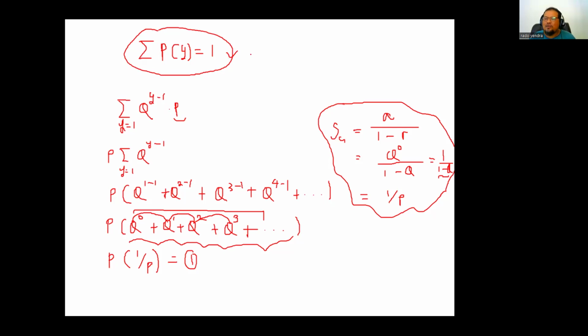This theory guarantees that our formula for the geometric distribution is the right formula. We can use this formula for all cases, especially the case where we find the first success on the y-th trial. I think this is the theory we discuss today.